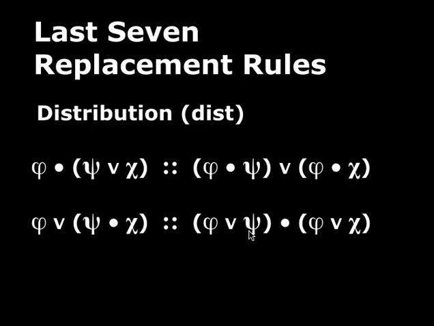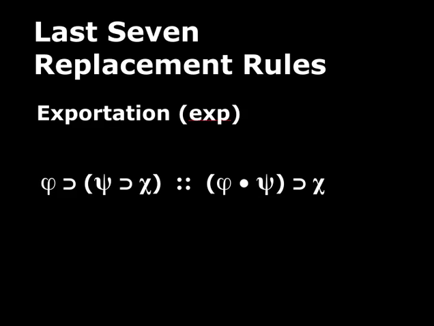If I have a conjunction of disjunctions, the first disjunct is the same, I can pull that common disjunct out, and go the other direction. This is another one that is more intuitive when you've done it a few times. Exportation. This one, it's hard to describe, but it's intuitive if you think about it.